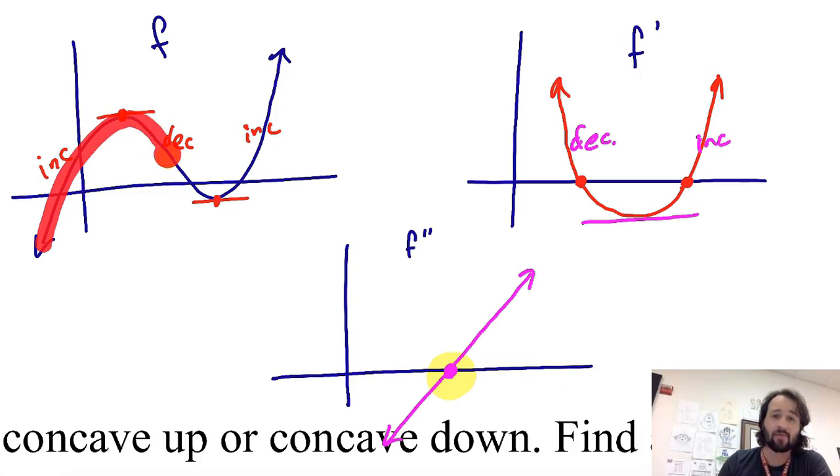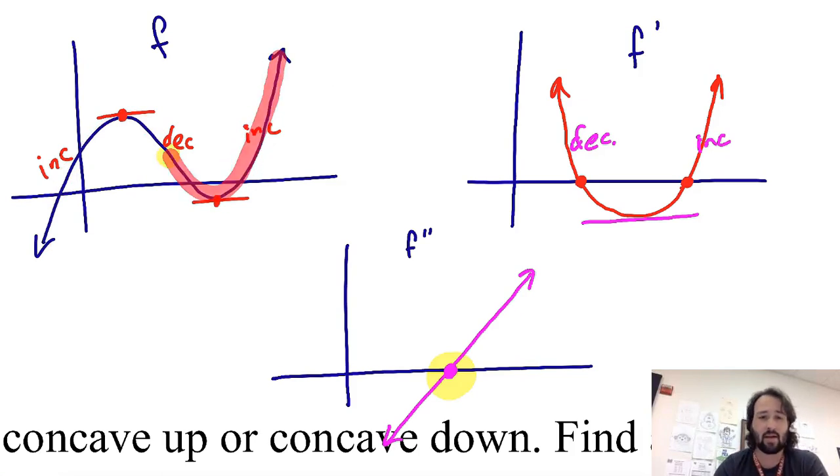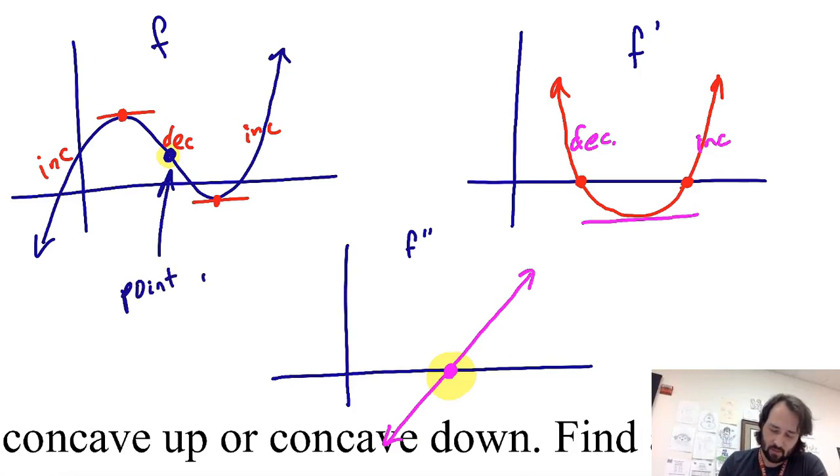I'm curved down. That's called concave down. And then it goes the other way. It curves the other direction, such that I am concave up. This position right here, where it is changing concavity, is called a point of inflection.